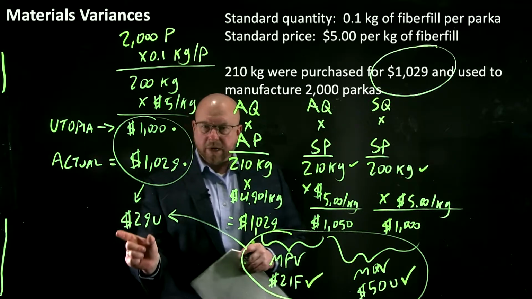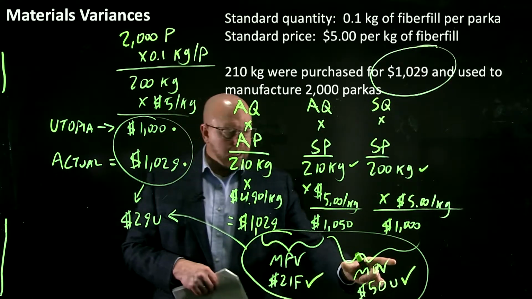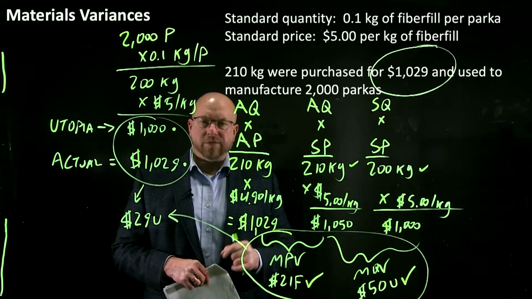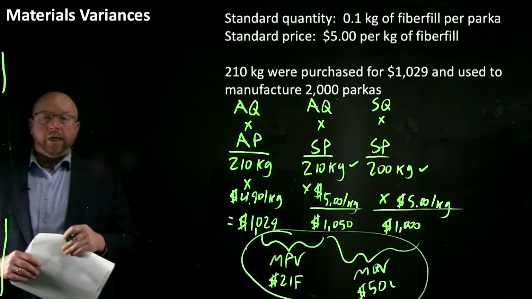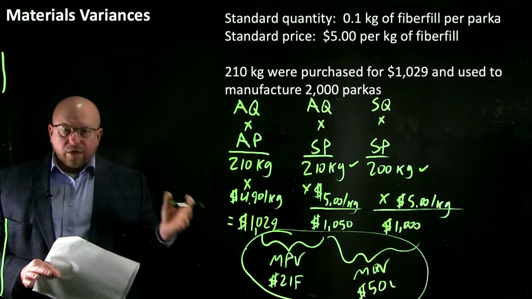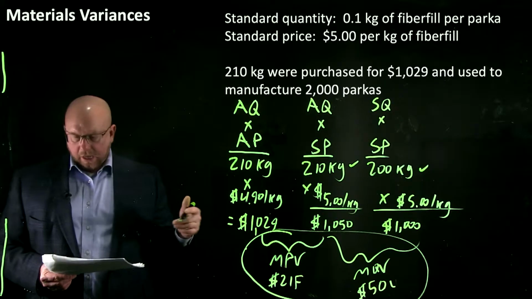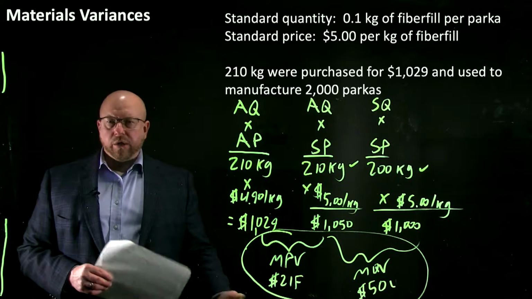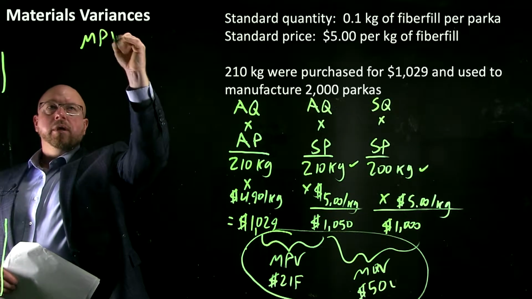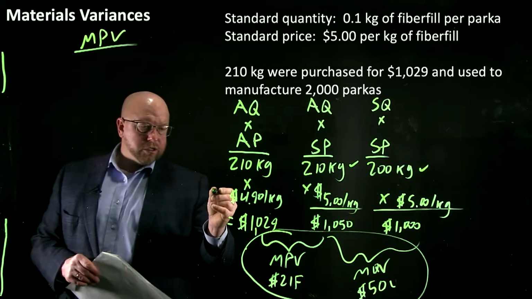As you take this spending variance and disaggregate it into price and quantity components, it helps you target the reasons that these variances exist. Now, the general formula or model for variances uses an analysis that looks like this. I just want to show you an alternate way to calculate and to think about these. So the materials price variance, one of the ways you can look at it is to start out with what we had determined here.